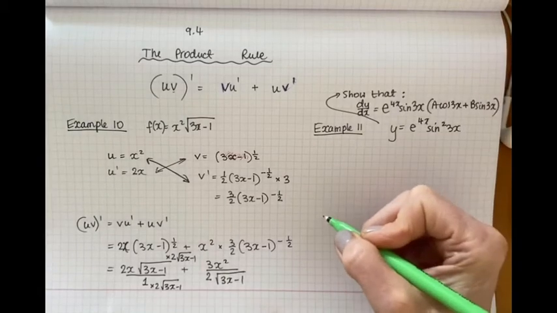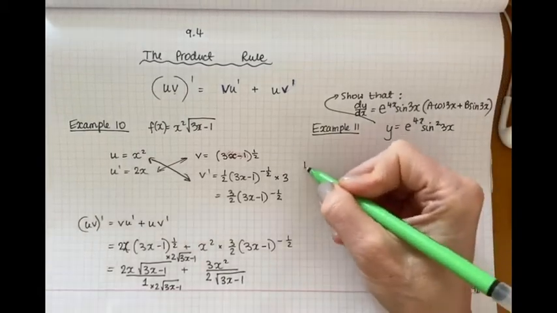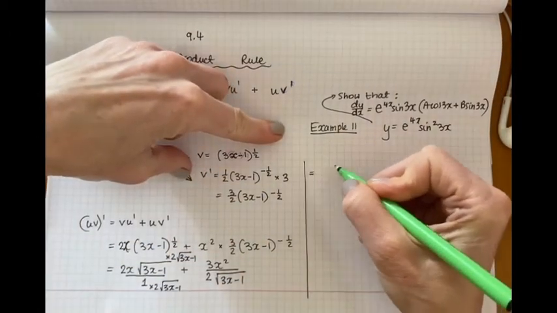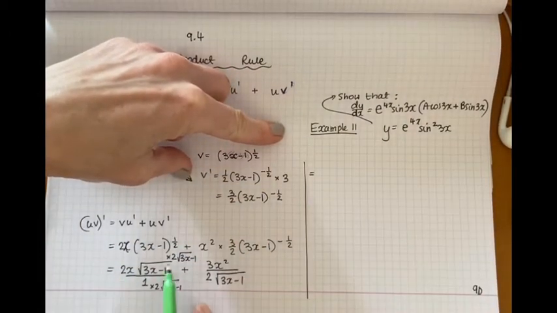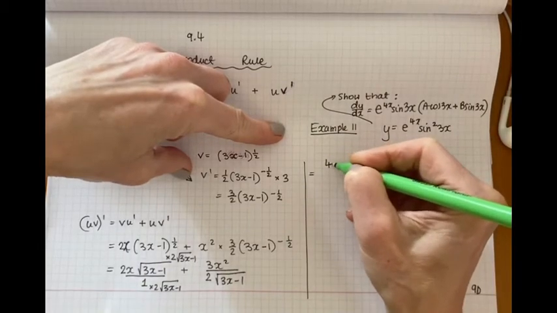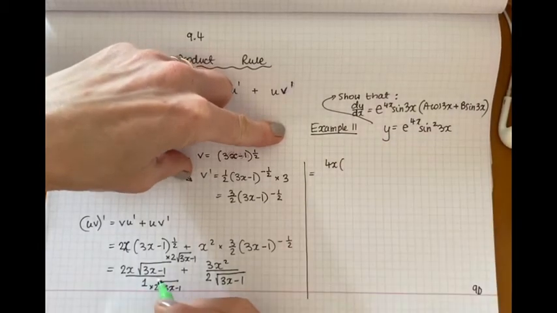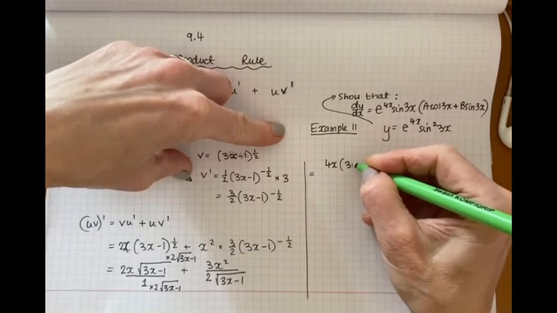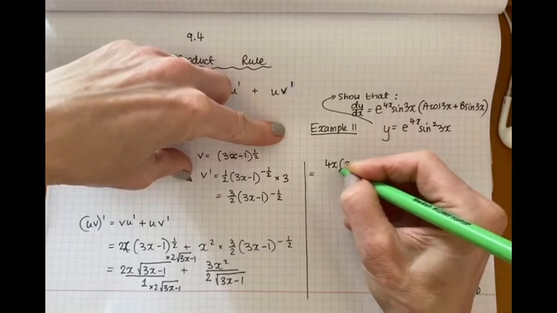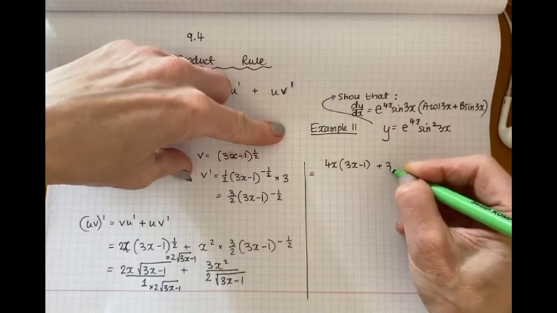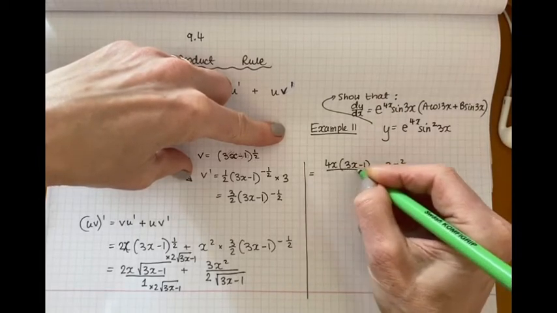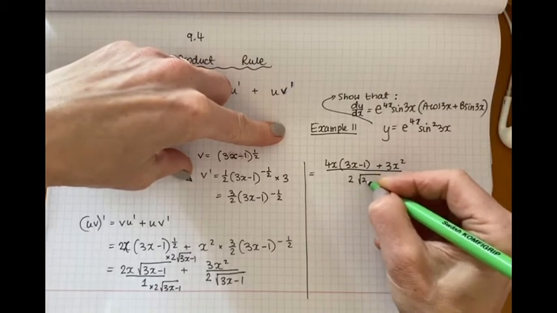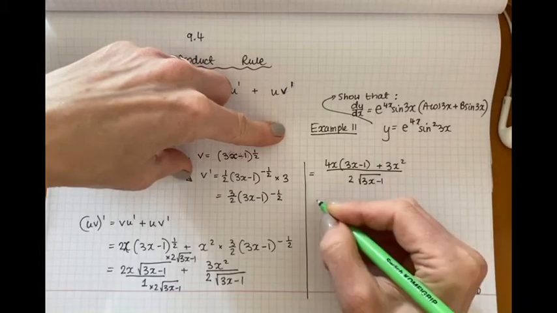Okay, let's continue. So over here we are going to have 2x times 2, so it's 4x. And then 3x minus 1 square rooted times 3x minus 1 square rooted gives me 3x minus 1. And then plus 3x squared over 2, and then the square root of 3x minus 1.